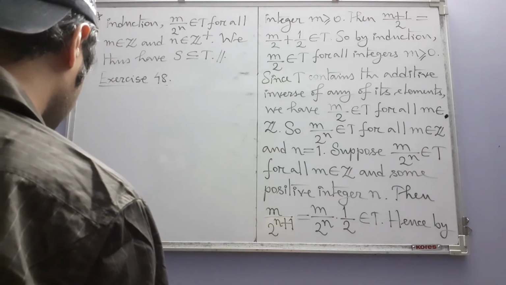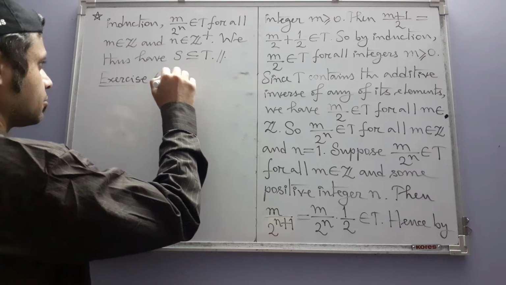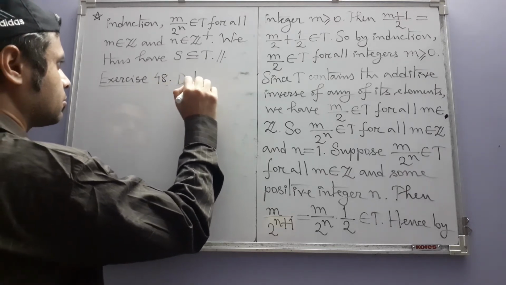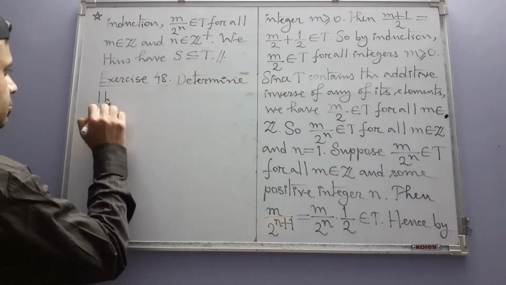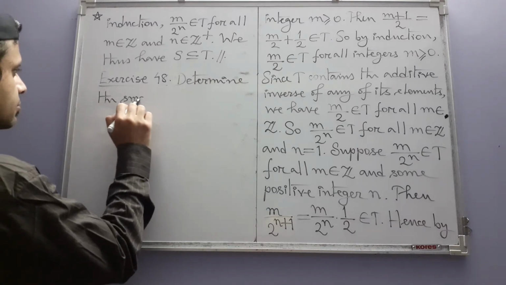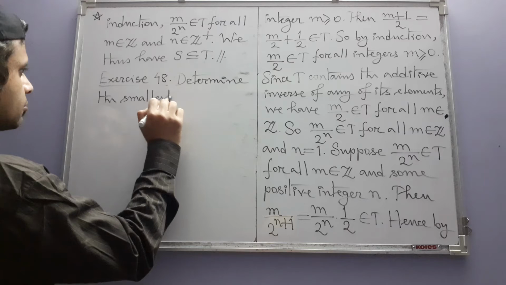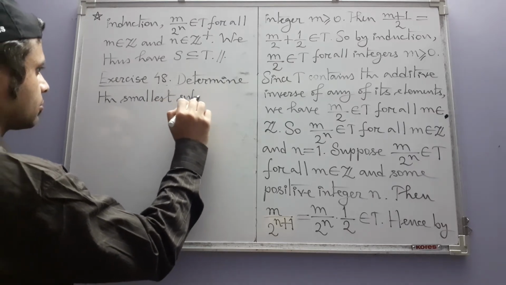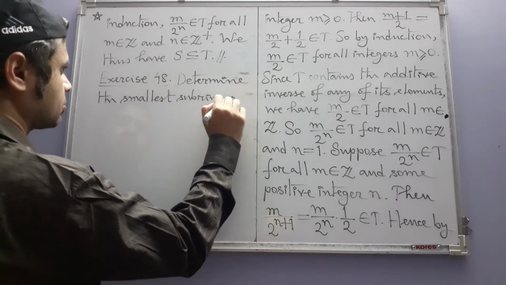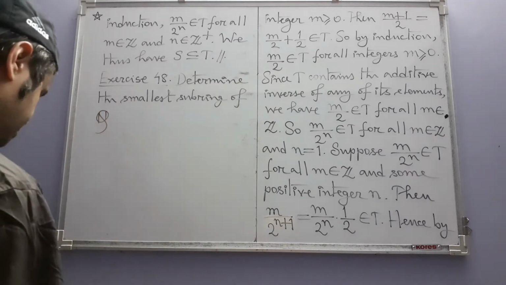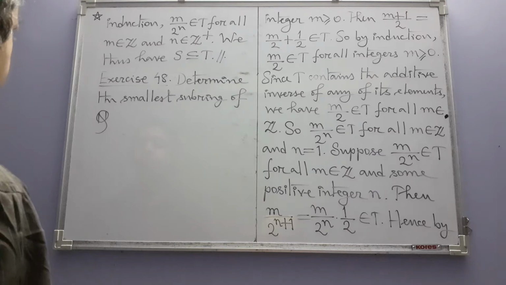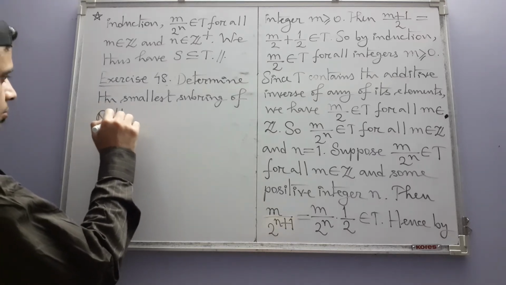Determine the smallest subring of Q that contains 2 over 3.